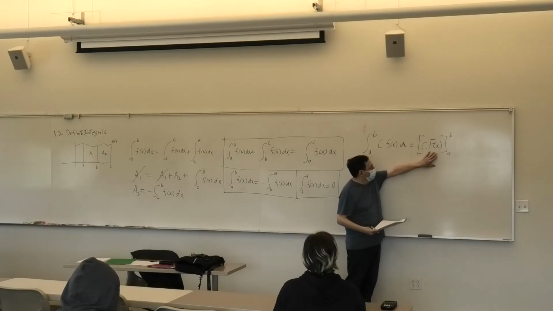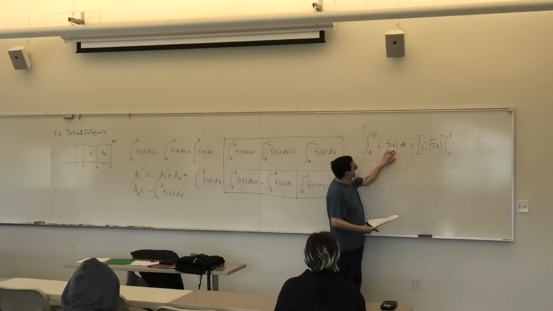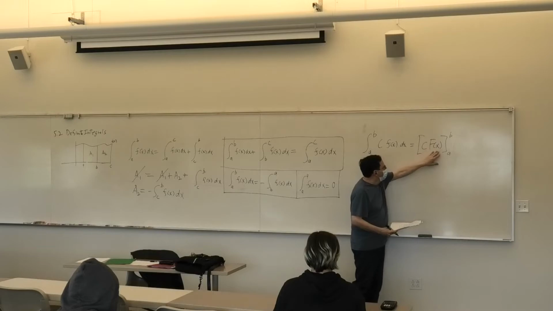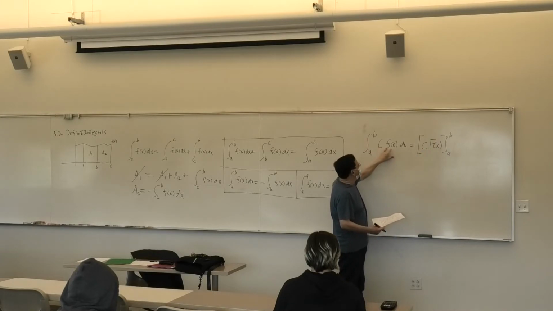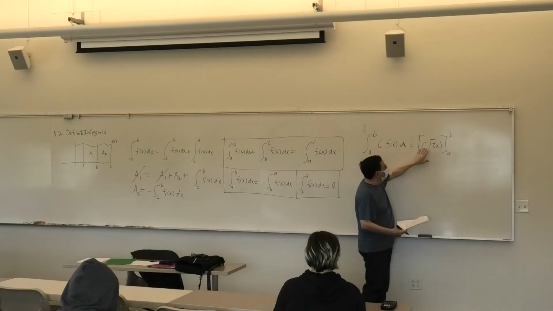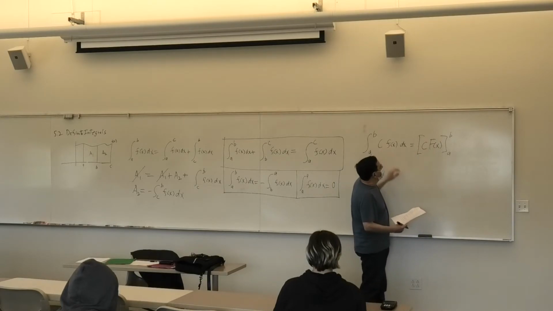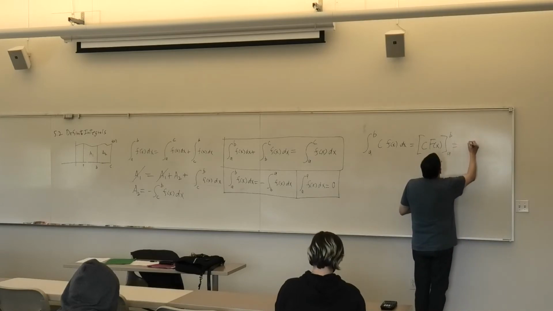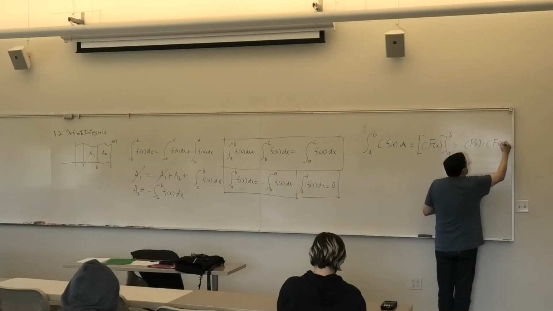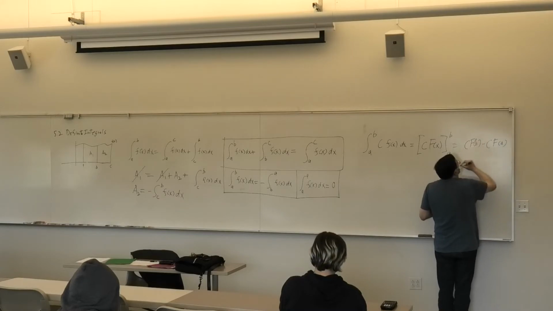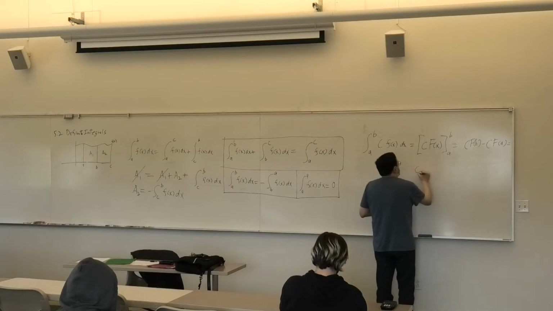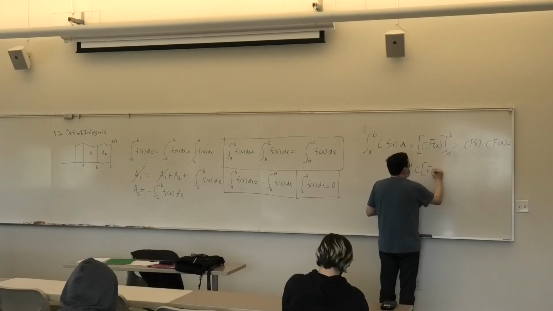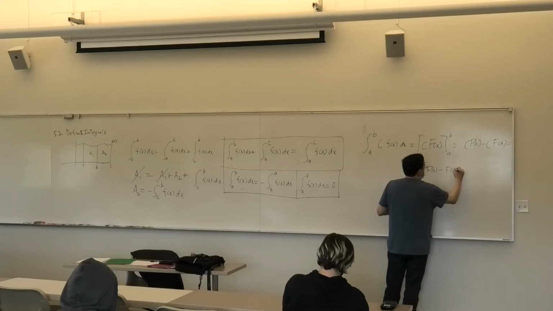can be evaluated by finding the antiderivative of c times f of x, which is just c times the antiderivative of f of x. So this becomes c F of b minus c F of a, which is just c times (F of b minus F of a).